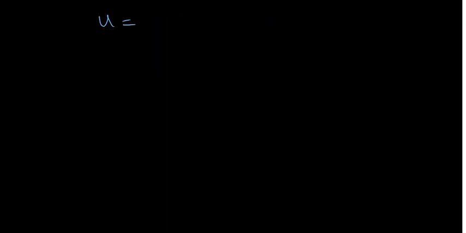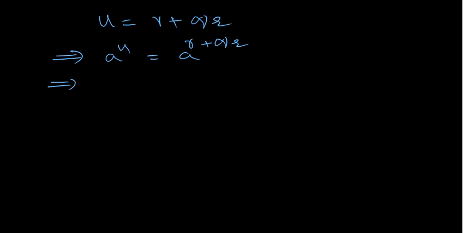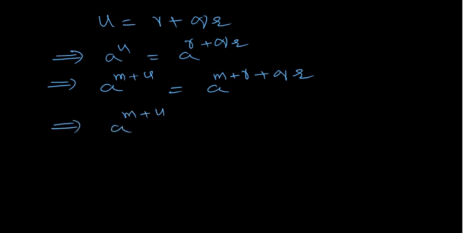So u is equal to v plus qr. This implies that a power u is equal to a power v plus qr, which implies that multiplying throughout by a power m, it will be a power m plus u equal to a power m plus v plus qr, and this implies a power m plus u equals a power v into a power m plus qr.